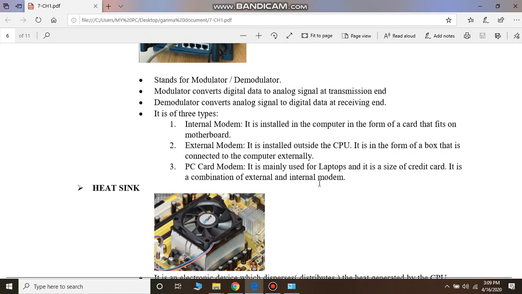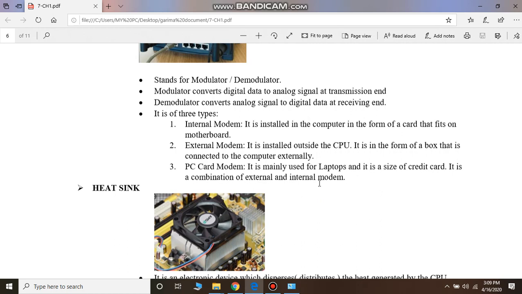So if you want to send data from computer 1 to computer 2, first the digital data present on computer 1 has to be converted to analog data, which will travel in the telephone cable. Who is doing this task of converting digital to analog data? That is the task of a modem, the modulator part of a modem.